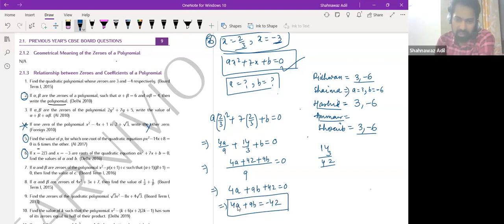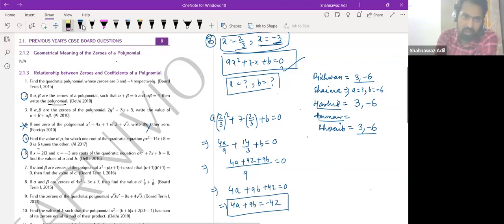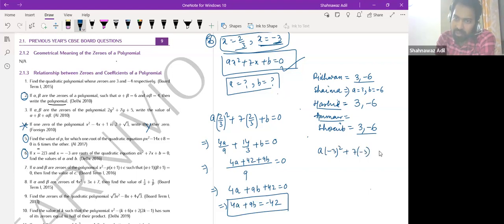And there are two unknowns, a and b, which means that we need one more equation. The second equation we will get from here. The second equation would be a times (minus 3) squared plus 7 times (minus 3) plus b equals 0.